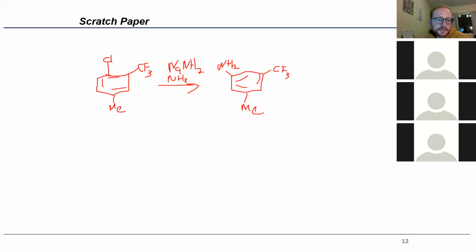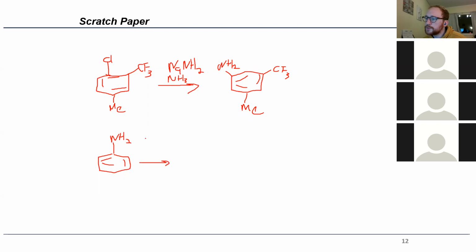Problem set 1b. Why wouldn't the nitric acid in turn protonate the aniline? So this is a good question, and it's generally something under our operational control.